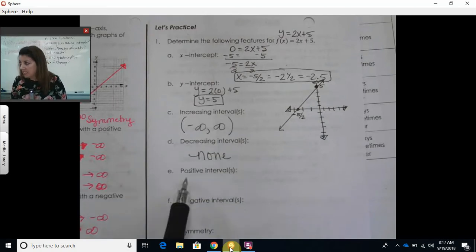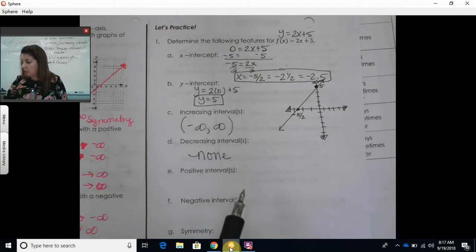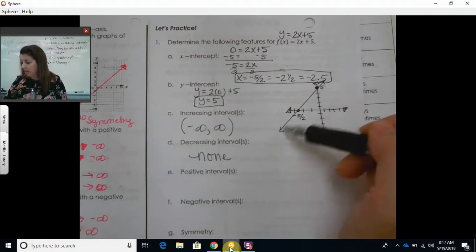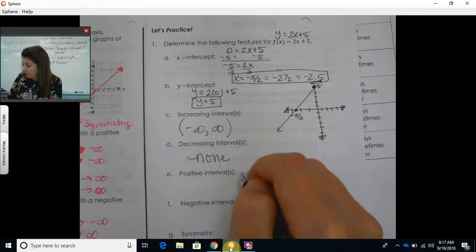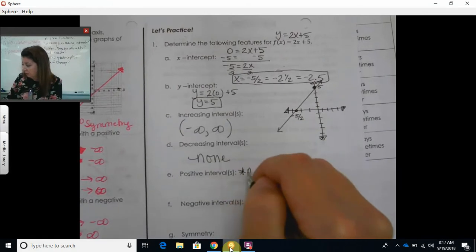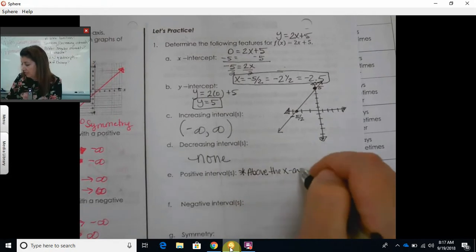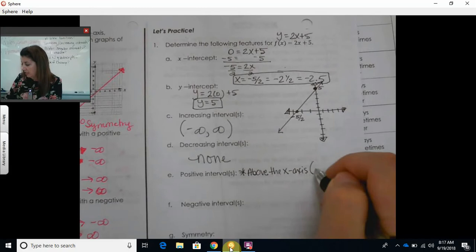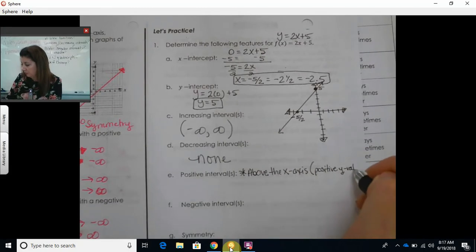To be a positive interval, different than increasing, it's talking about what part of my graph has positive y values. In other words, it's above the x-axis. So you might want to put a little definition. Positive intervals are above the x-axis, or you could say positive y values.